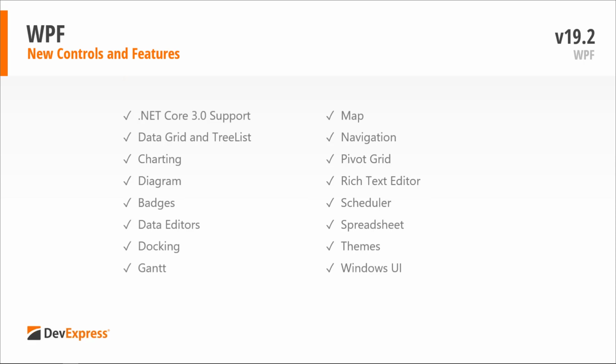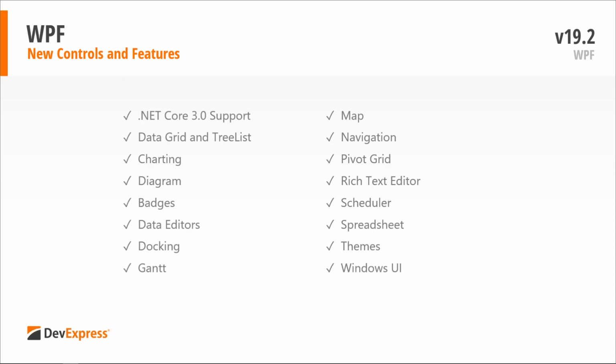We've been extensively testing this as Microsoft have been releasing their previews, and we can confirm that our WPF suite, our controls within that suite, are totally ready for production use. You can use them now in or with version 19.2 with .NET Core 3.0.